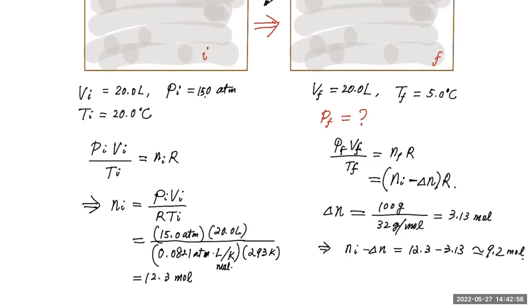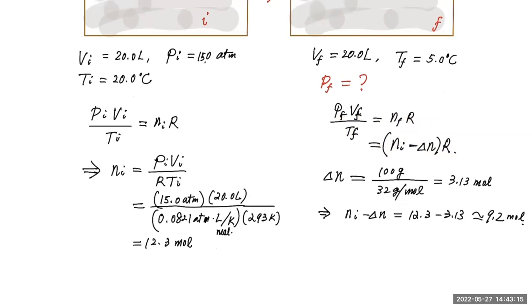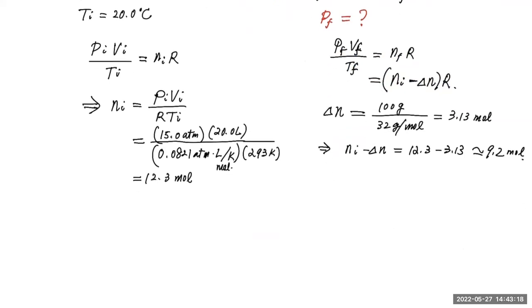Okay, that's N final. Then what you can do is use the ideal gas law for the final state, which is this one right here, and solve for P final. So let's do that. You now have P final equals N final R T final over V final.